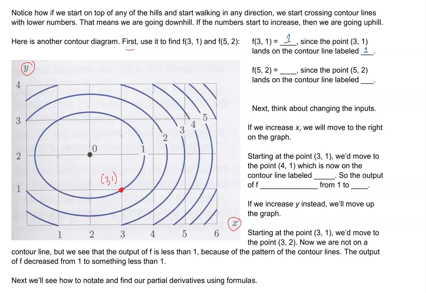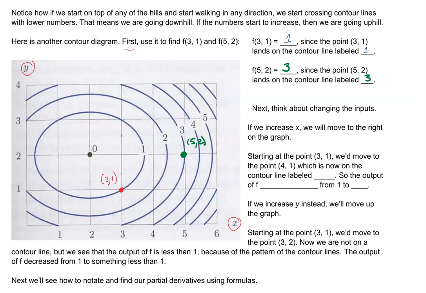And if we locate f of 5,2, x is 5, y is 2, it would be at this location. And that is on a contour that's labeled with a 3. So f of 5,2 would be 3, since it lands on a contour line labeled 3.